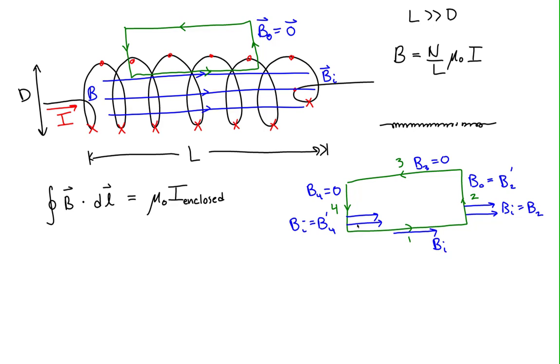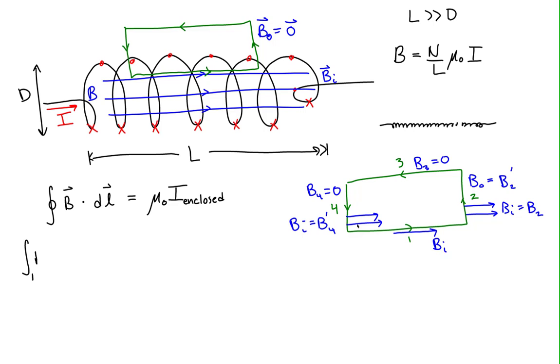Now, the reason why it's important to indicate the magnetic field along each segment of wire is because we are going to integrate the magnetic field on each of those segments. This Amperian loop, this line integral, can be separated into 4 integrals.